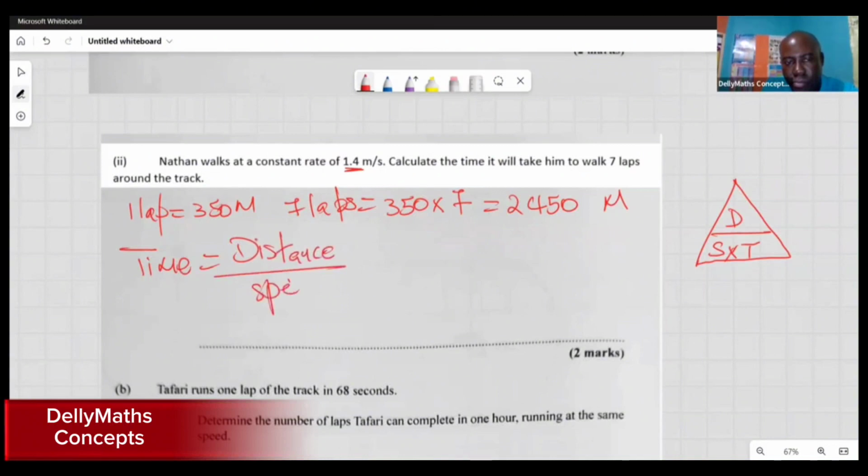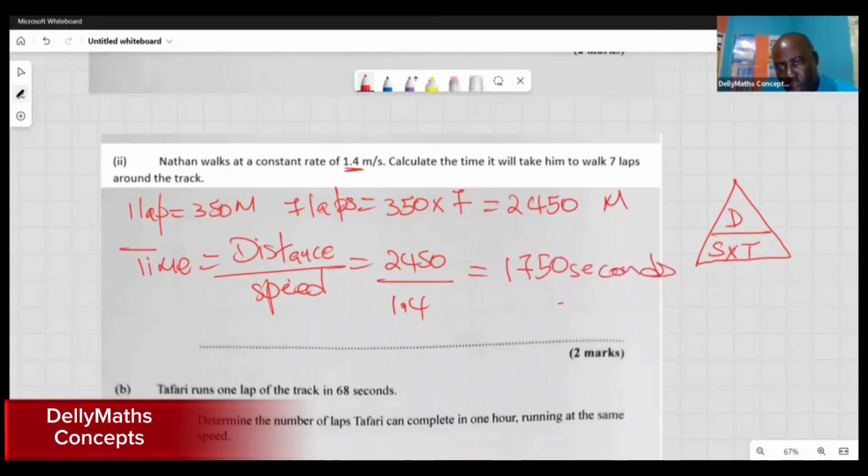The distance to be covered is 2,450, and the speed at which this person is running is 1.4. So 2,450 divided by 1.4, and then the time is going to be 1,750 seconds to do the 7 laps.